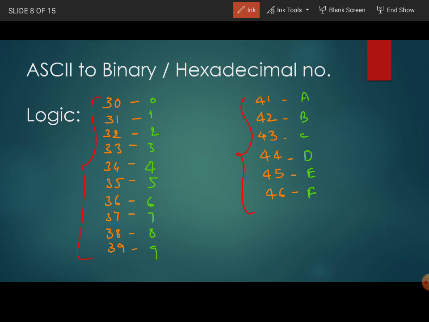So what is the procedure to be adopted to convert the ASCII number whenever it is between 30 to 39, or if it is lying between 41 to 46? There are two different procedures to convert the ASCII to the binary or hexadecimal equivalent.